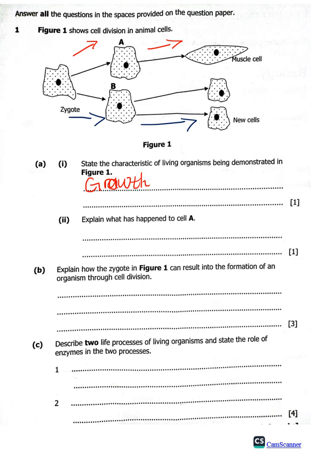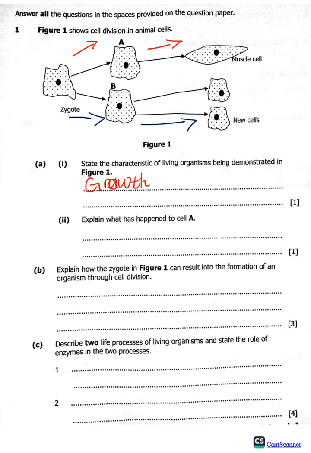Now after it underwent a certain process, we can see that it formed a muscle cell, and we know the muscles are cells or organs that are used for locomotion and lifting certain objects.